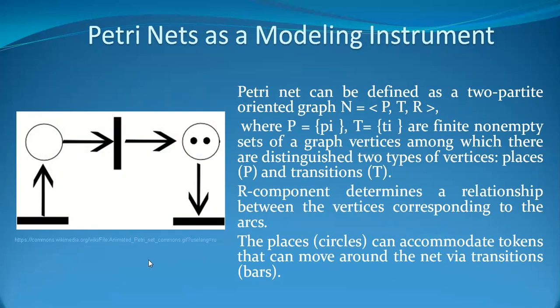Also, there is the so-called R component, which determines a relationship between the vertices corresponding to the arcs. The places, also circles, can accommodate tokens that can move around the net via transitions, and in such a way, the number of tokens and their disposition around the net control the net execution and imitate the dynamics of the process.